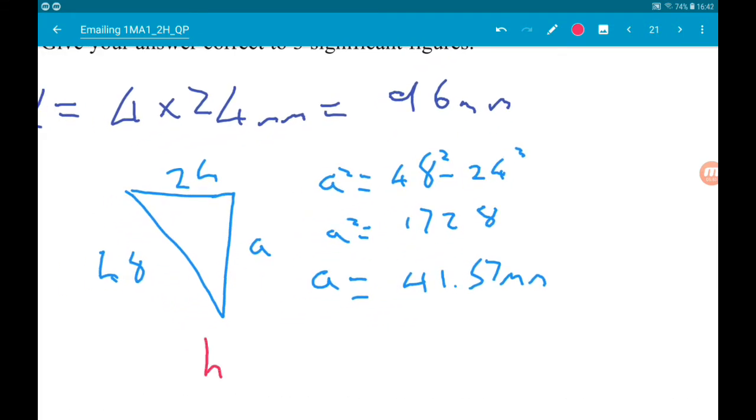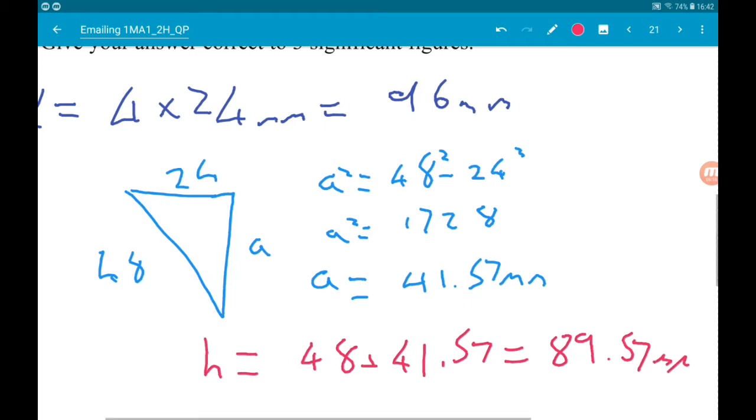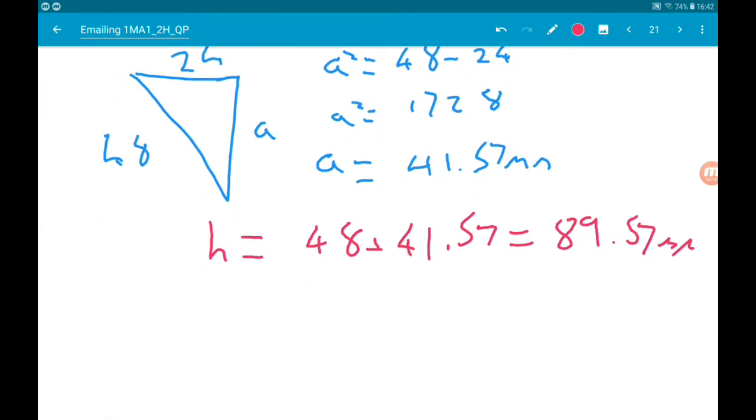So the height is 48 add 41.57, which is 89.57 millimeters. So the area is then 96 times 89.57.